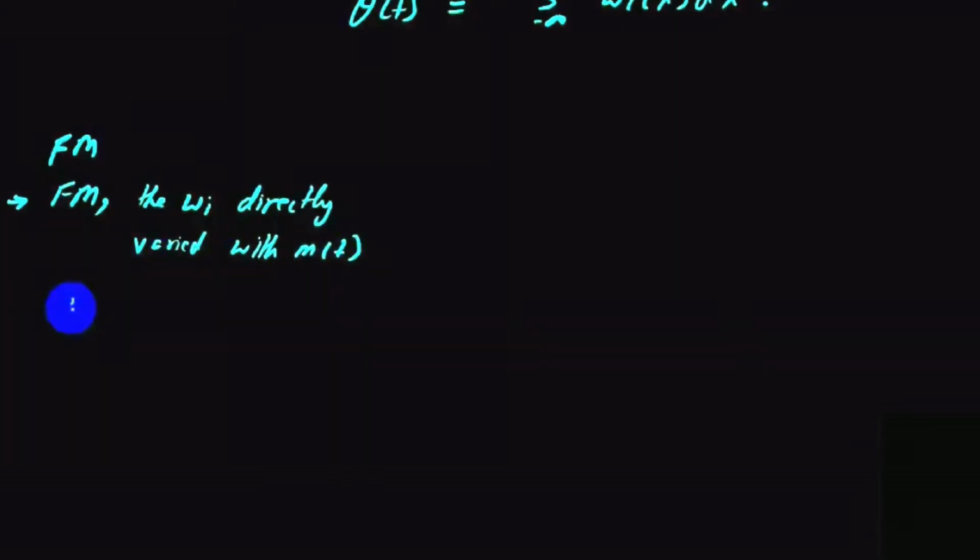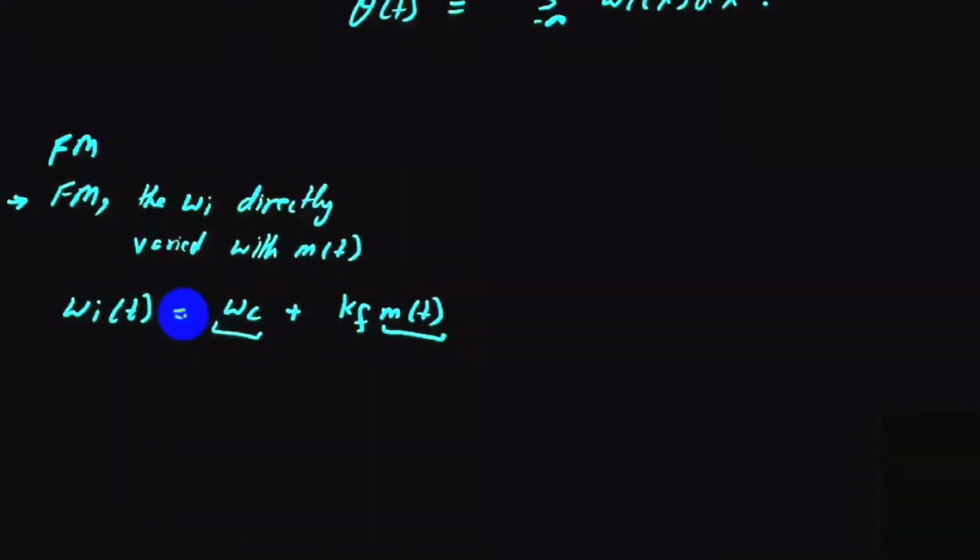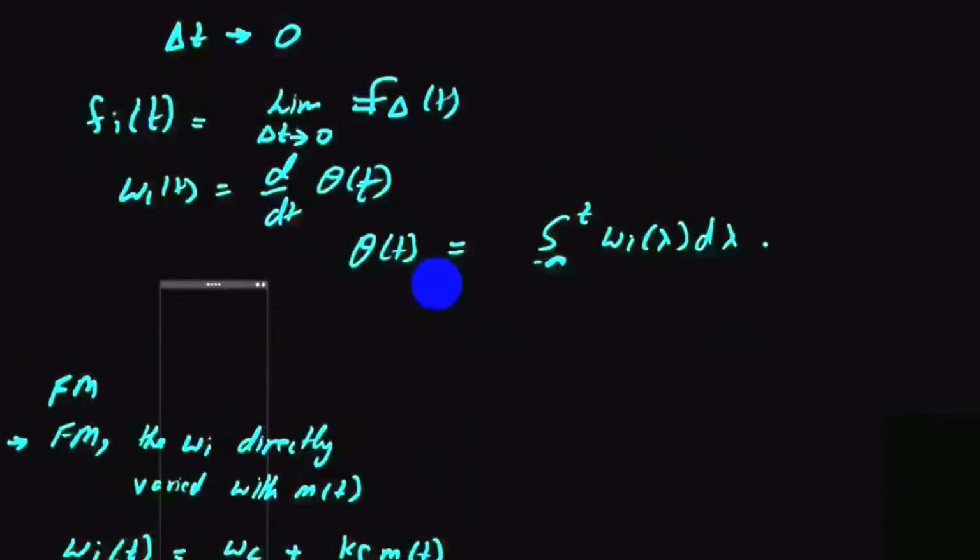That is, the instantaneous frequency omega i of t is omega c plus kf m of t. So this is the message signal. This is the argument which was left after taking the derivative, as we have mentioned over here.